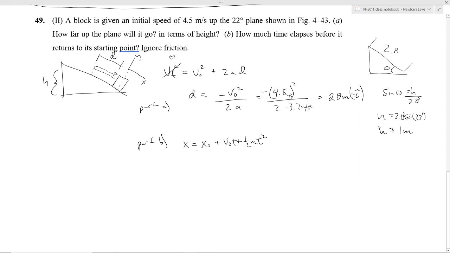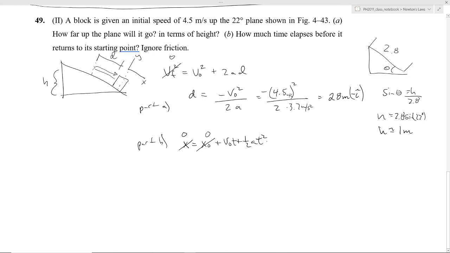So that means the initial position would be 0. This would also be 0. We recognize our initial velocity in this coordinate system is negative.